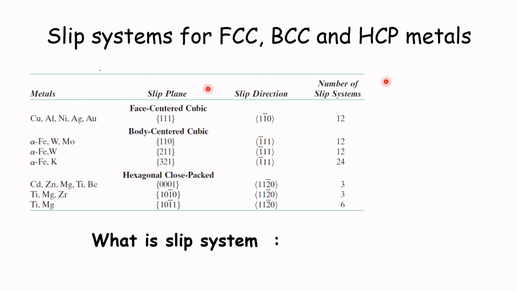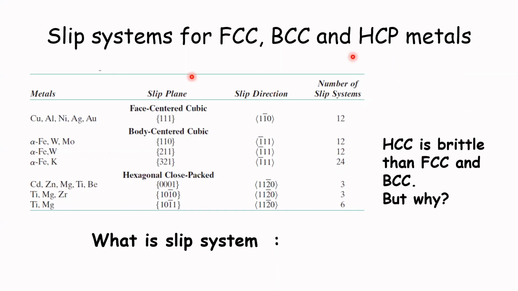And here in the table, we can see the slip systems for FCC, BCC, and HCP metals. From the information in the table, I want you to figure out why HCP is brittle compared to FCC and BCC.